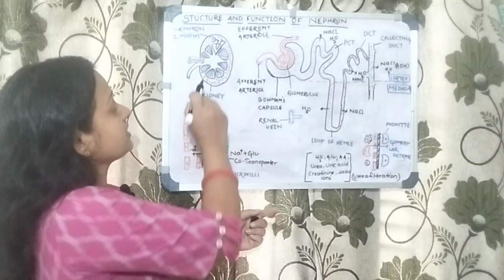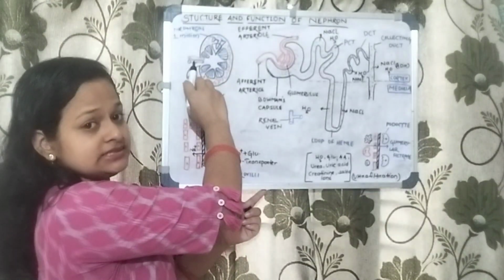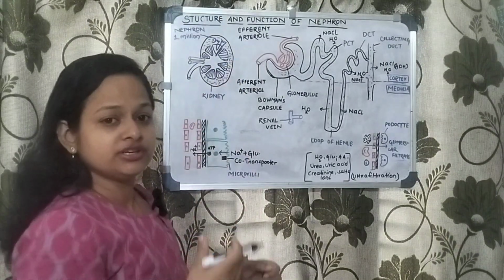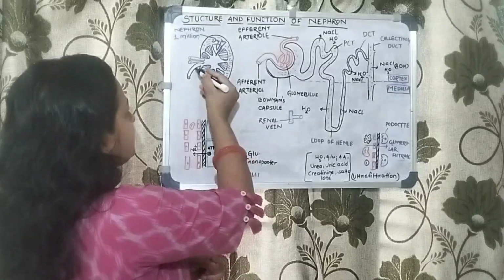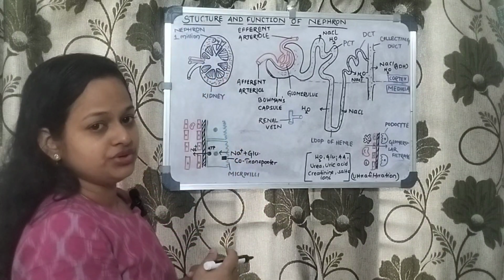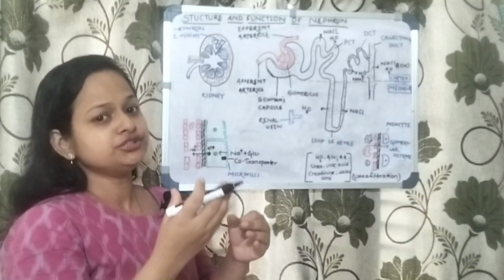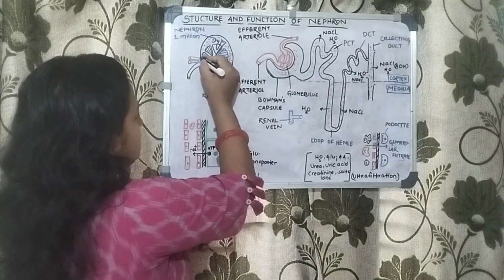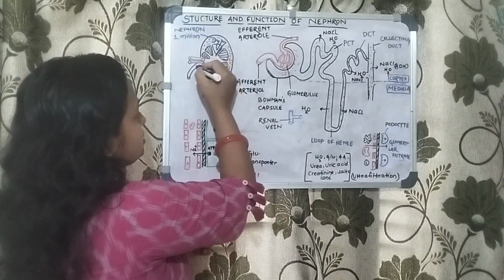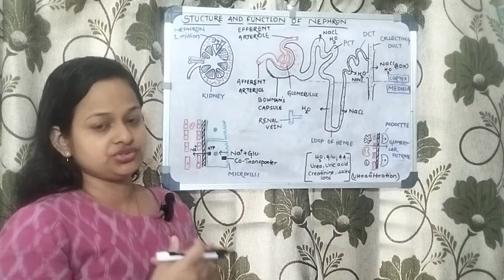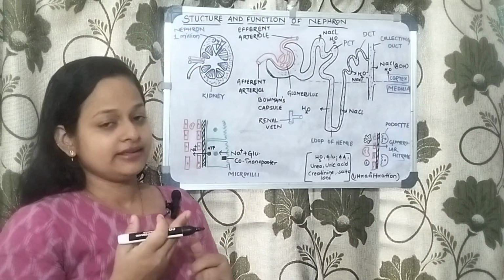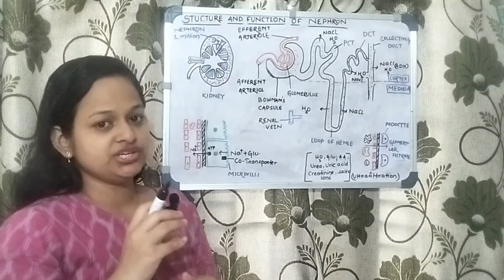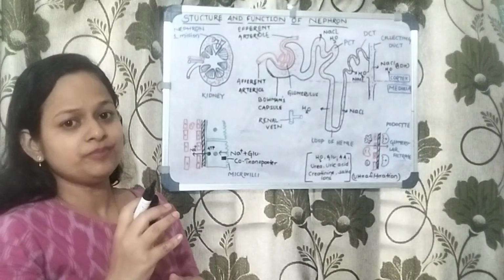And here the two blood vessels, the renal artery and renal vein, enter into the kidney, and this is the ureter which passes the urine from the kidney to the urinary bladder. This is a notch-like structure where the renal artery, renal vein and ureter connect to each kidney, and this part is known as the hilum.